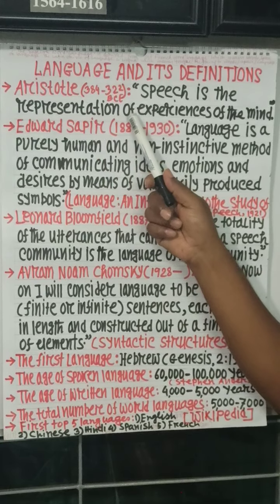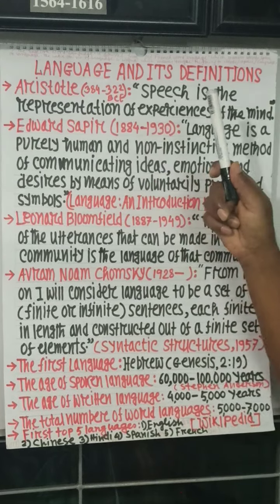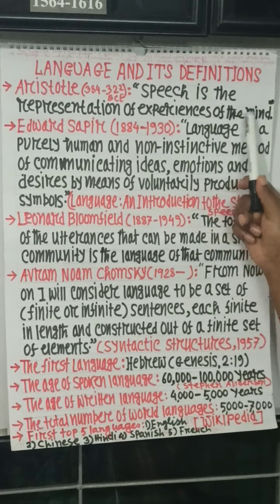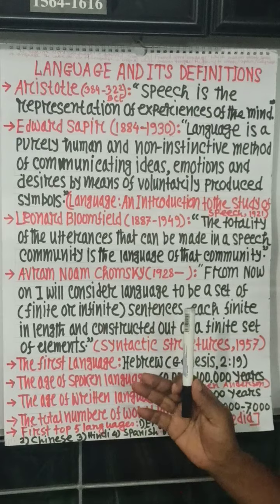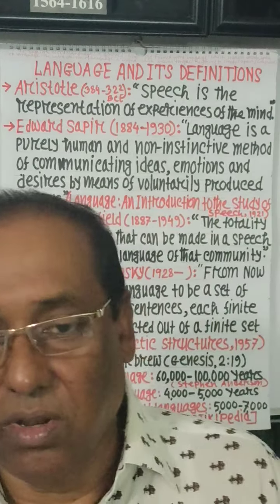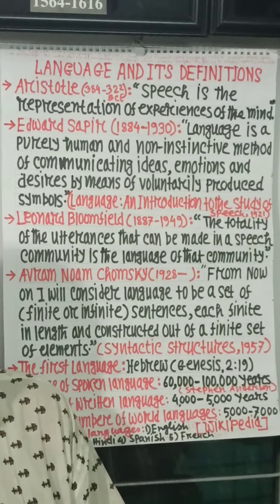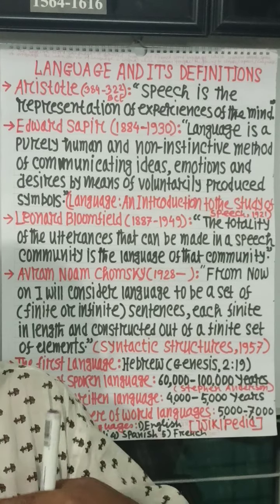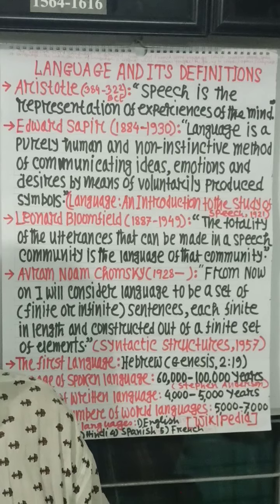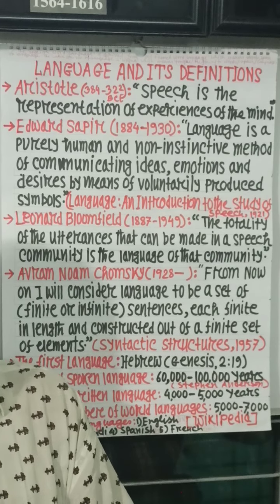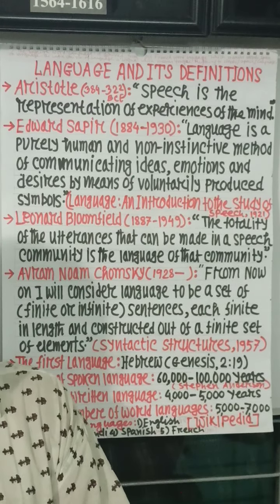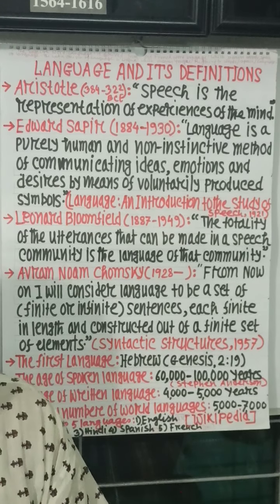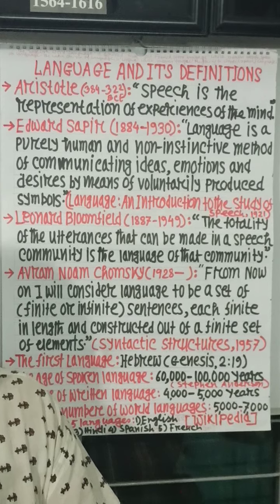According to Aristotle, speech is the representation of experiences of the mind. By this, Aristotle means that language is the expression of our mind. That is, through language, we exchange our emotions, our feelings, and experiences of our mind.